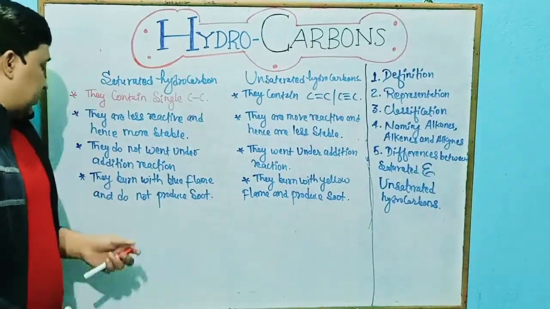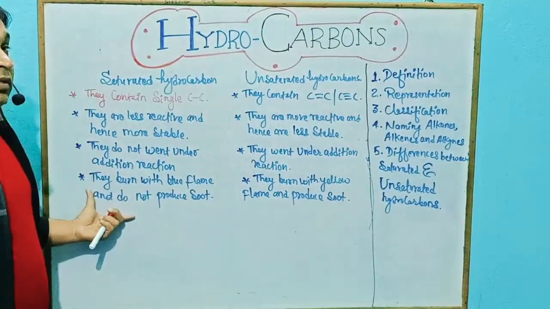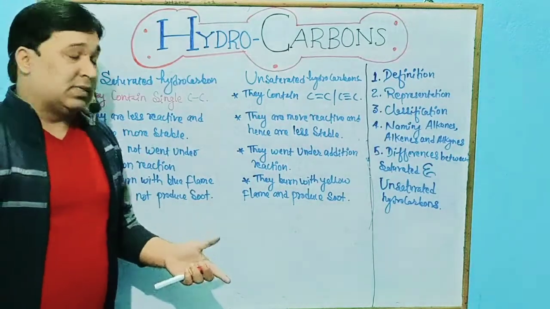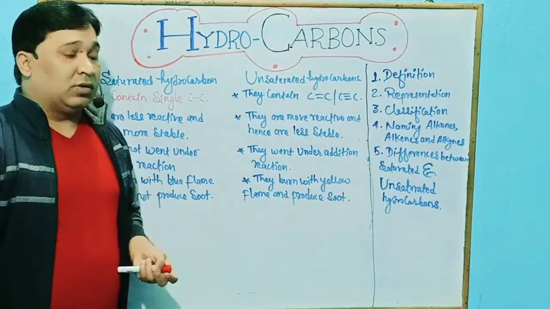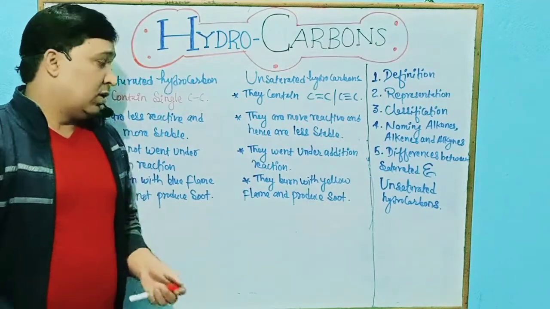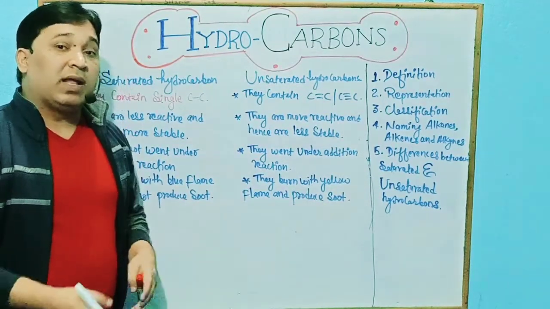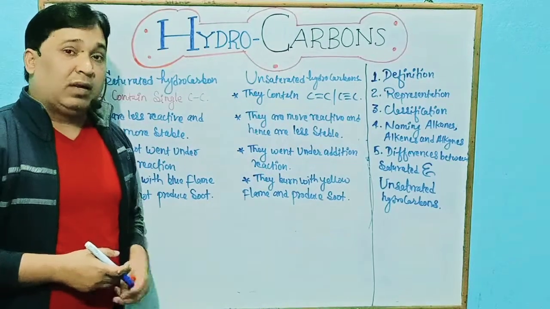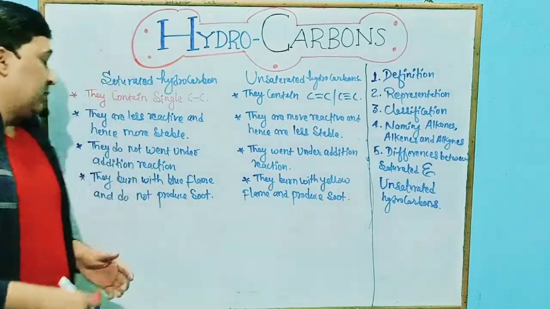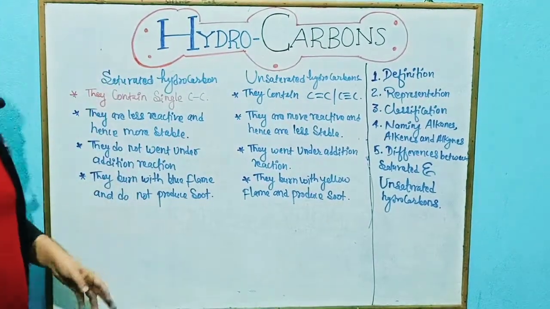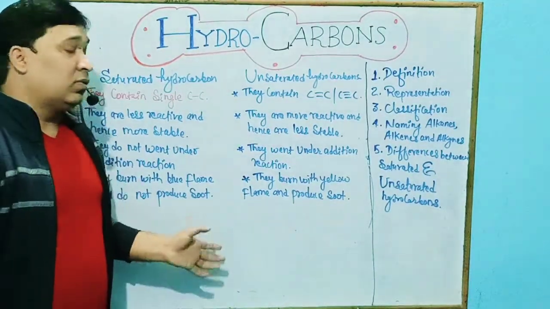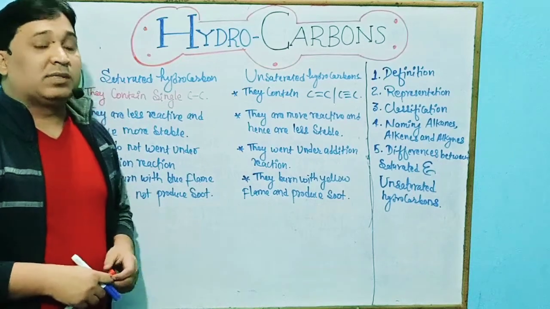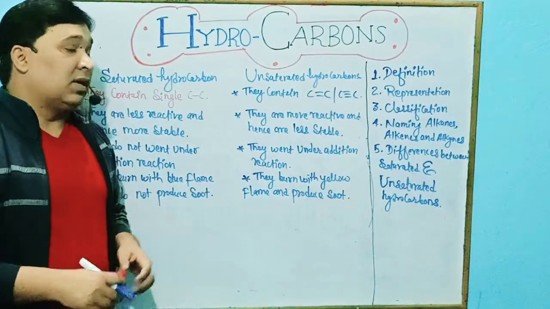So saturated hydrocarbons do not produce black marks over the utensils when they are burned, whereas unsaturated hydrocarbons produce black marks, that is soot, right, on the utensils. So we can say that saturated hydrocarbons are clean fuel as compared to unsaturated hydrocarbons.